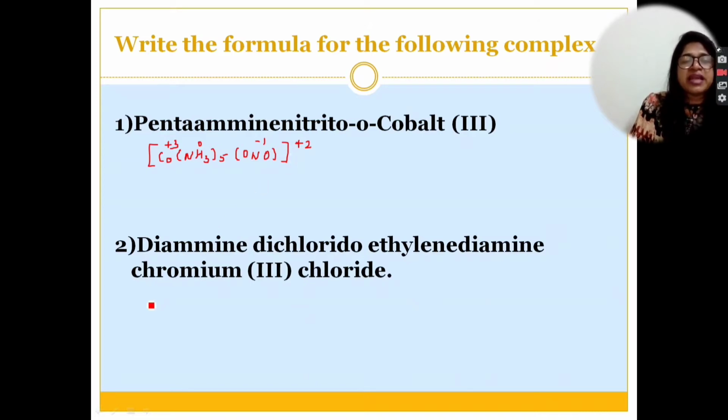Now next question. Diamminedichloridoethylenediaminechromium(III) chloride. So central metal ion is chromium. Chromium, diammine. So NH3 2 times. Dichlorido, Cl2. Ethylenediamine, en.